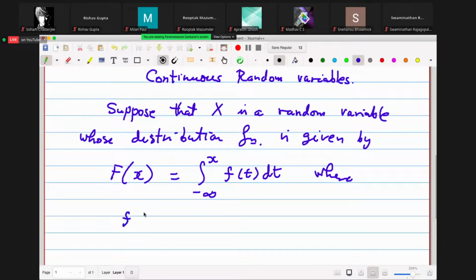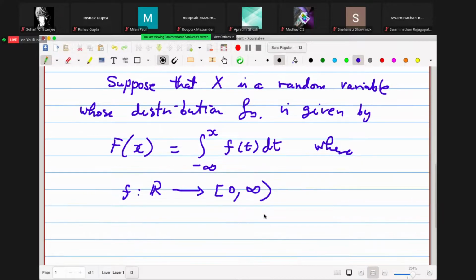So f is a function from the reals to 0 to infinity. Mind you, you should not write 0 to 1. You should allow it to take maybe large values. Which is integrable.